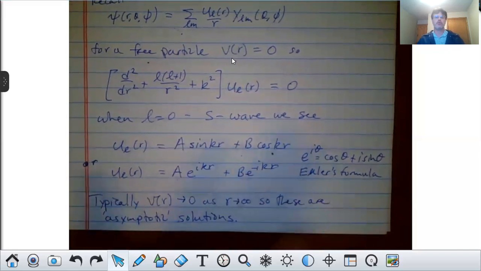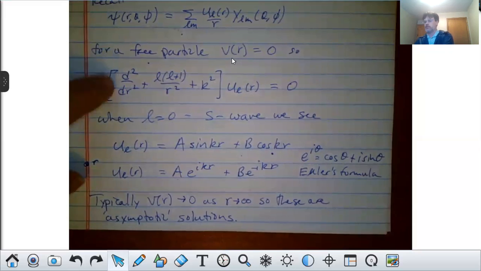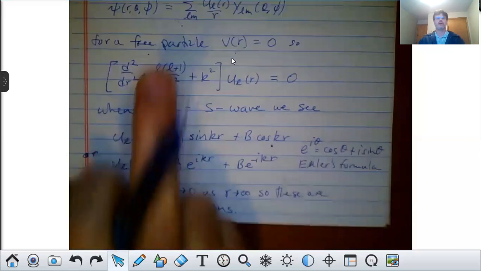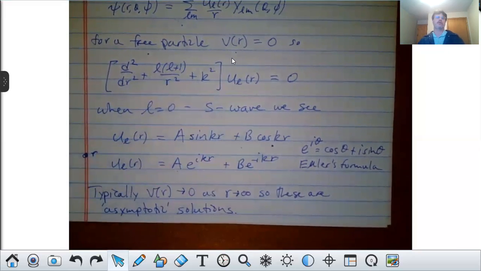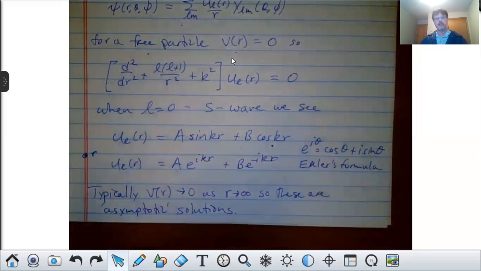But basically, they both describe the solution when L is 0, and you could actually plug these in and show that you do get 0. Now, the problem is, of course, you need to understand what these constants are or be able to determine them. We are going to talk about that here, maybe not completely today, but in the next video.